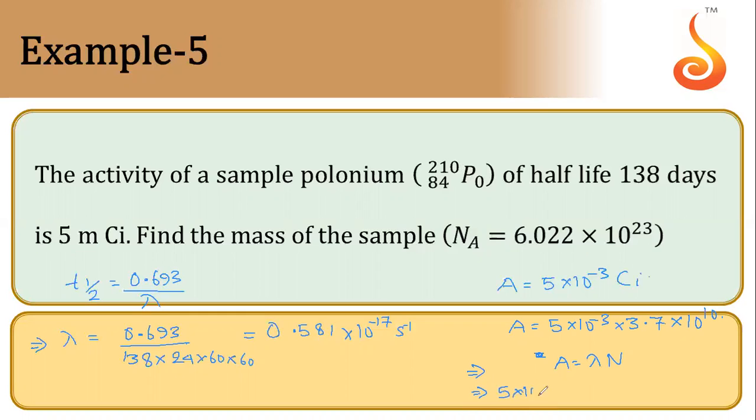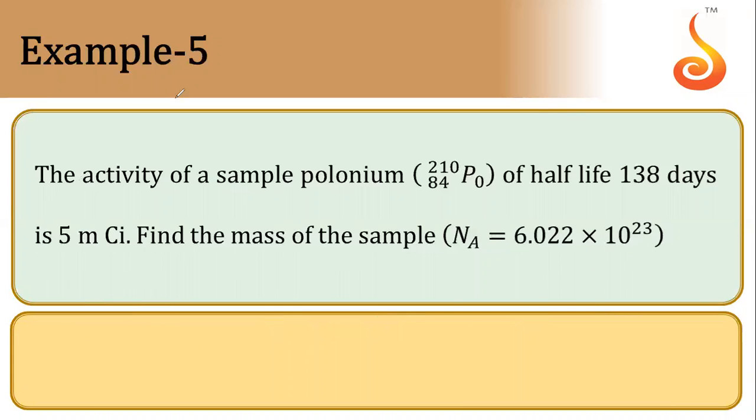So 5 into 10 raised to power minus 3 into 3.7 into 10 raised to power 10 is equal to lambda value, 0.581 into 10 raised to power minus 17, into N. On solving this equation, you will get the value of N as 31.84 into 10 raised to power 14. So this is the total number of atoms present in the sample.